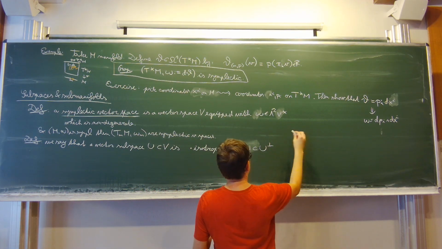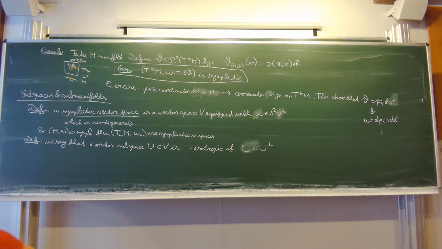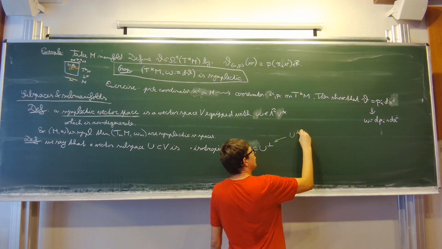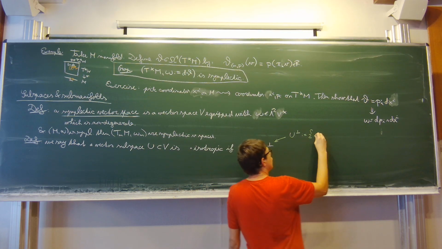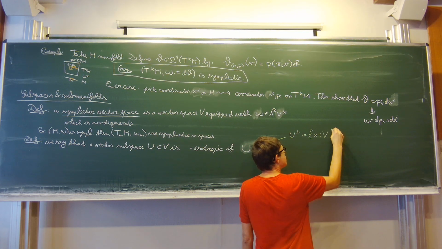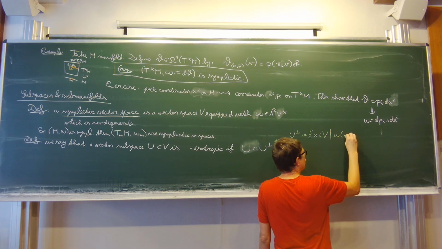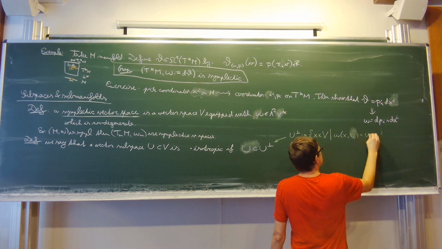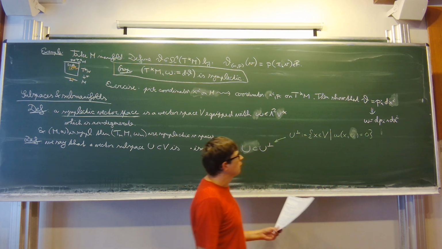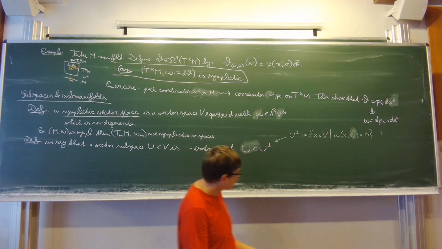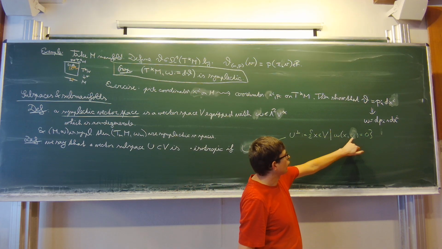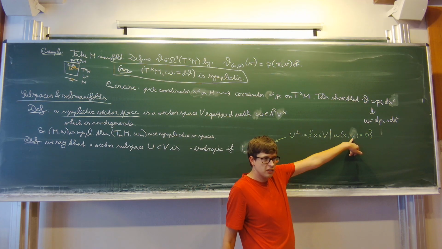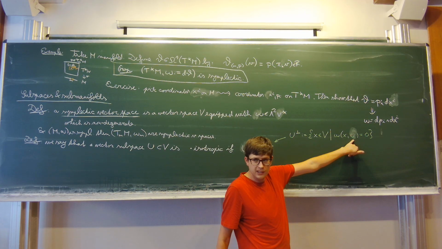Okay, so let me define what I mean by this. U perp is simply defined as all the vectors in the vector space which are symplectically orthogonal to everything in U, meaning that if I see this omega as some sort of pairing, then I want them to be orthogonal to whatever I put in U. You're familiar with this notation where I use the whole set to denote that this is true for all elements of that set.